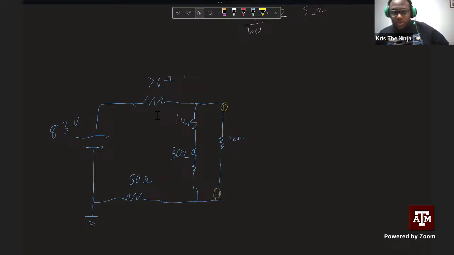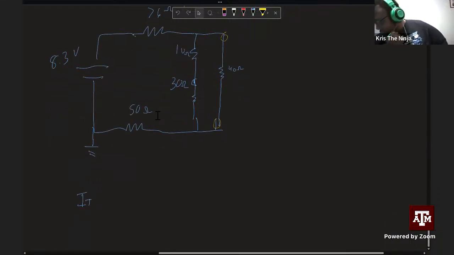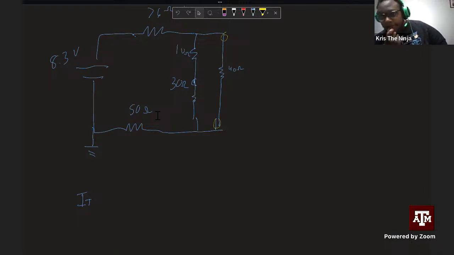We're looking for the current. Okay, but then voltage, and you divide it by resistance and you get your current. So you're basically saying we need to do VT over RT, right? So how do we find RT?